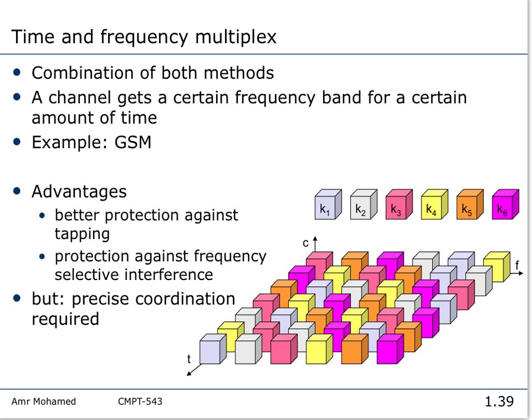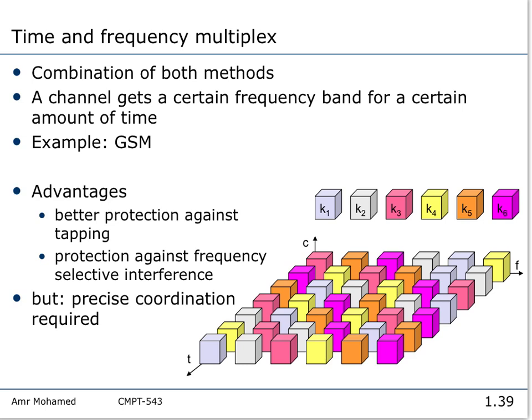Okay, so in terms of advantages, of course it's better protection against tapping. And what that means is that I can dynamically allocate these resource units, which means that if someone wants to read a signal from a specific user, he might be puzzled because sometimes this user sends in a specific time, in a specific frequency. Sometimes he sends in another frequency, in another time.